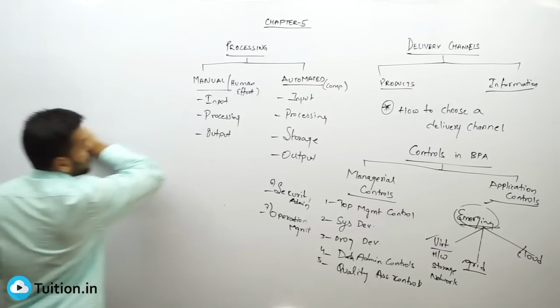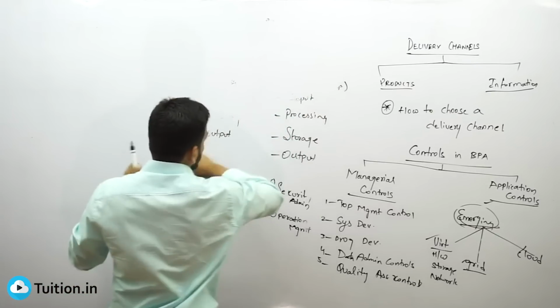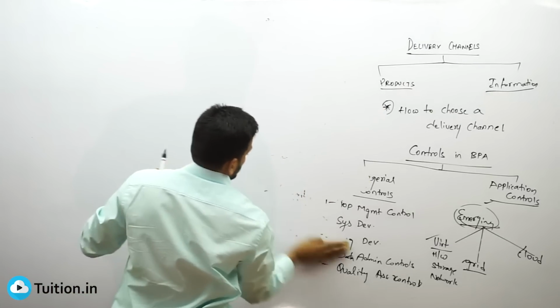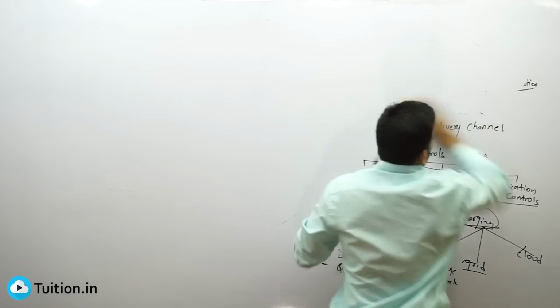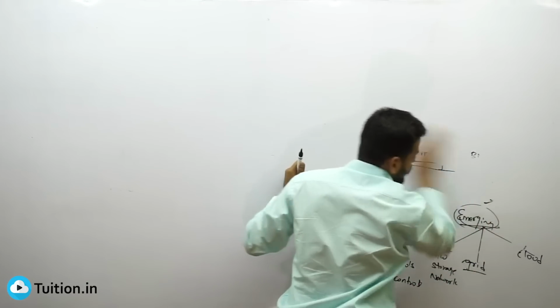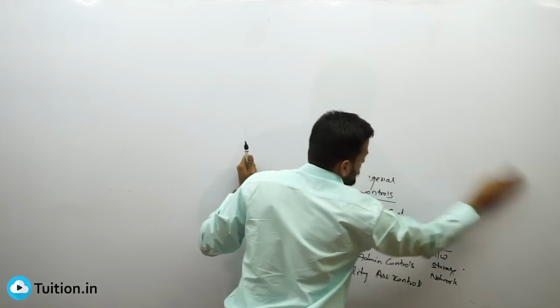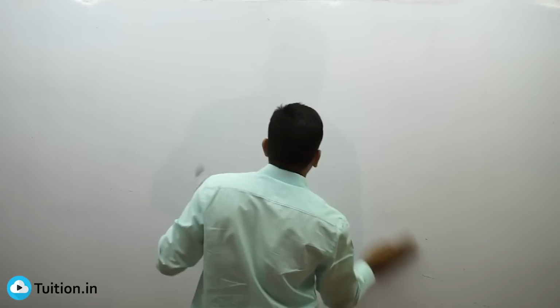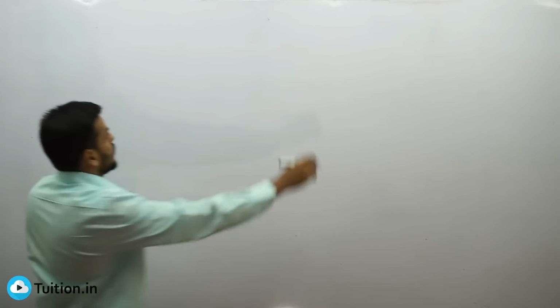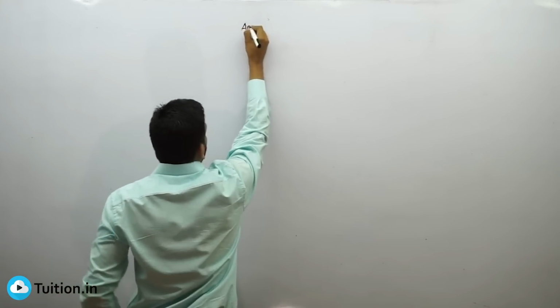Let's see how those are categorized. Let me give you that last frame of thoughts on application controls. There could be questions from application controls as well, so let's concentrate on them.